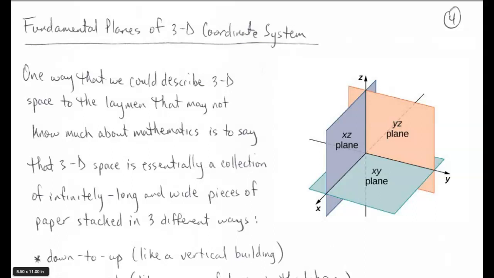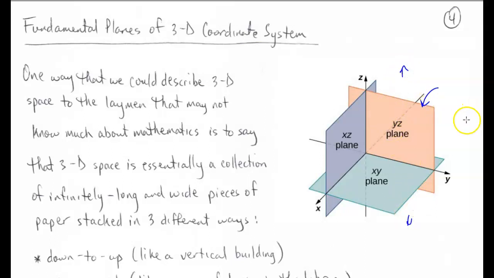We would take an infinite amount of those sheets, and we could orient them this way. Okay. And so what I mean by that is the sheets are basically going from north to south.